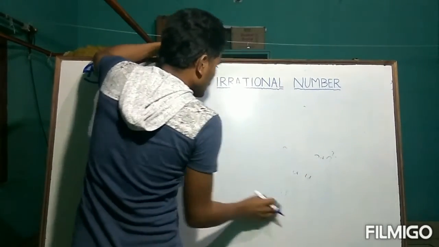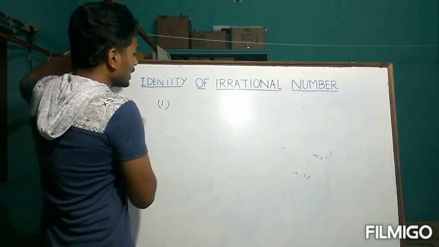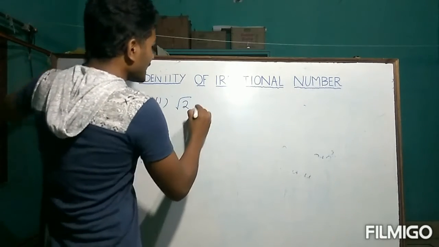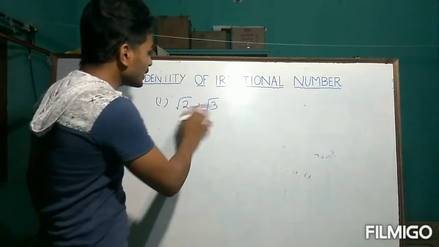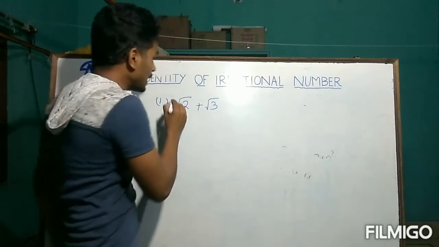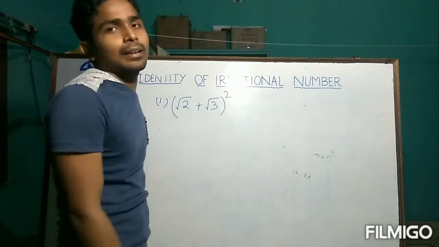Suppose we have the question: root 2 plus root 3. These are two irrational numbers, and the operation between them is plus. We have to find (root 2 plus root 3) whole square.